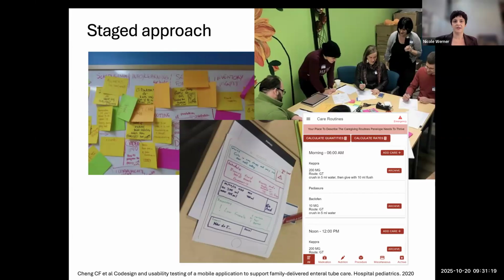I have these pictures on the screen because in the top left corner is the initial generation of ideas, going through sketched-out prototyping, and finally into a wireframe or more high fidelity version of the prototype. This is an actual project where we engaged families caring for children with medical complexity, and they designed this tool that we just finished an RCT on recently.